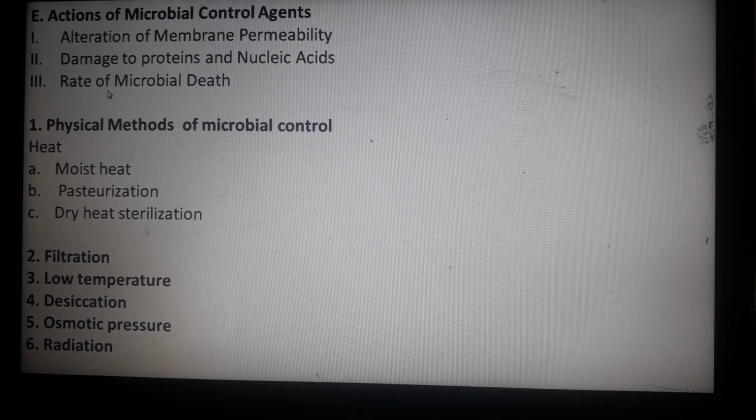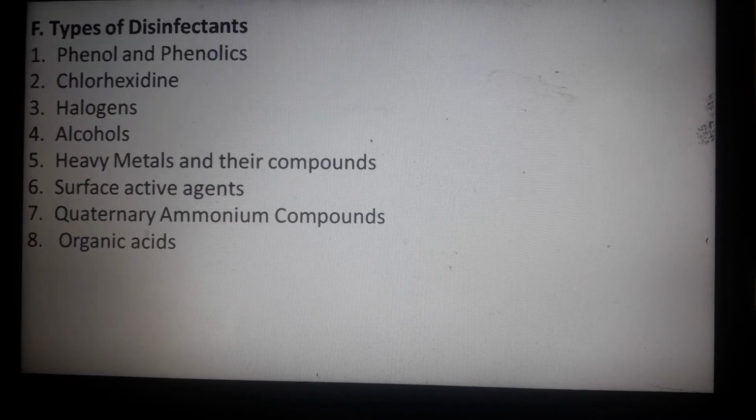And then we also discuss the rate of microbial death. Okay, physical methods: we have moist heat, pasteurization, and dry heat sterilization process, filtration, low temperature, desiccation, osmotic pressures, and radiation process.